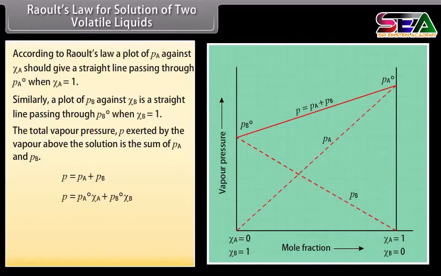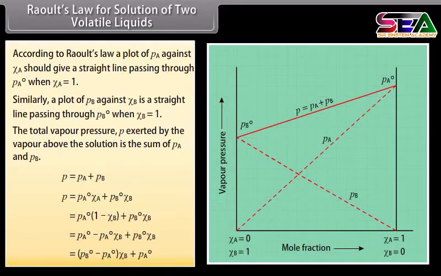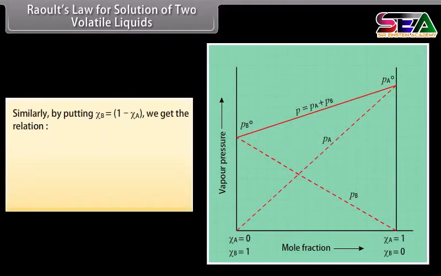By putting XA is equal to 1 minus XB, we get the relation P is equal to (PB naught minus PA naught) multiplied by XB plus PA naught. Similarly, by putting XB is equal to 1 minus XA, we get the relation P is equal to (PA naught minus PB naught) multiplied by XA plus PB naught.